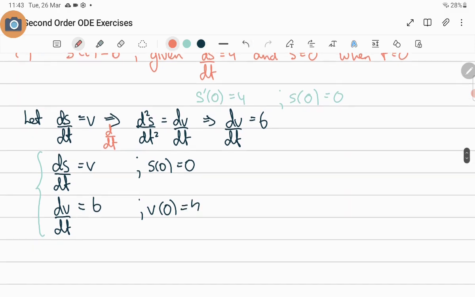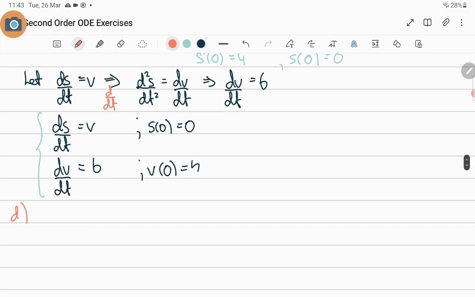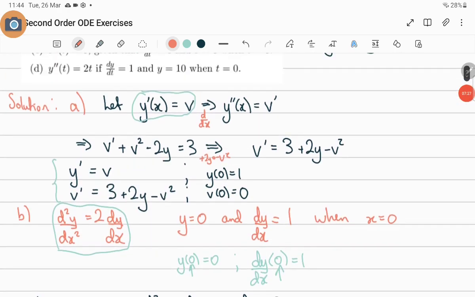And then one more. The question here is y double dashed of t is equal to twice t. Now there's a weird "if" there. I'm just going to pause this and correct that for next year. I'll just show it to you here.